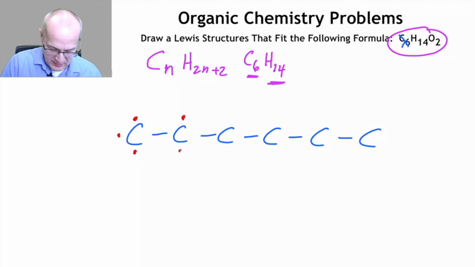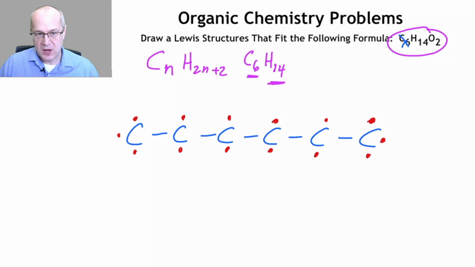So I'm going to put in dots, which represent lone electrons, to represent where I need to make more bonds. I'm not done yet. These are just placeholders. Carbon, 1 bond. I need to make 3 more, so I drew 3 dots, 3 electrons.